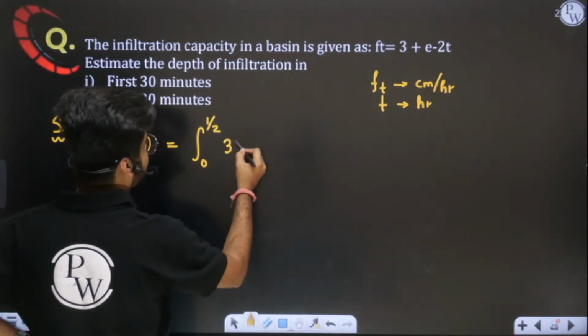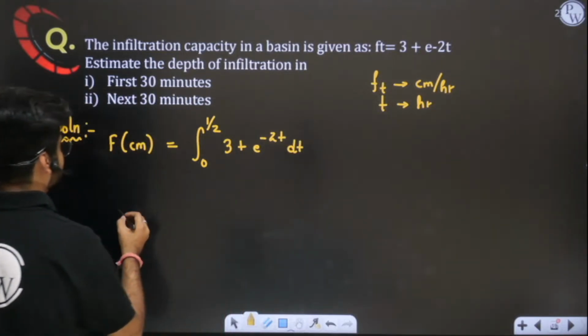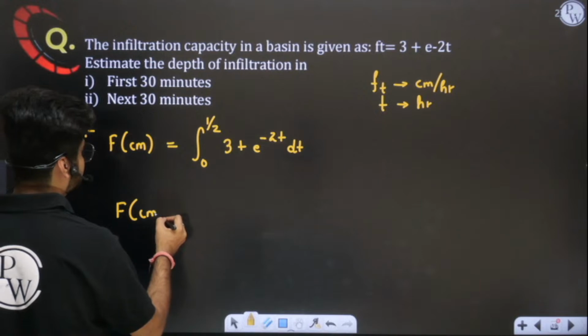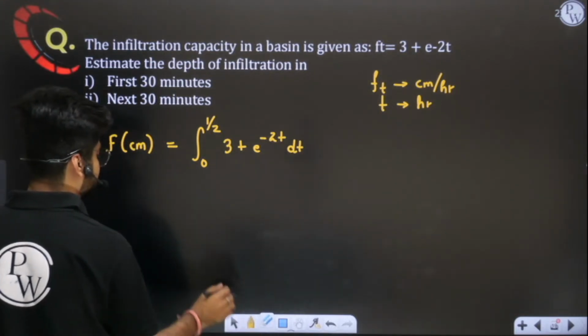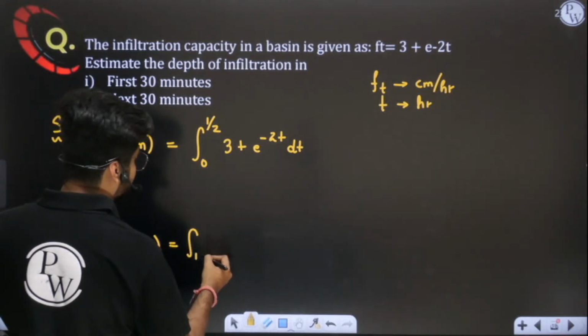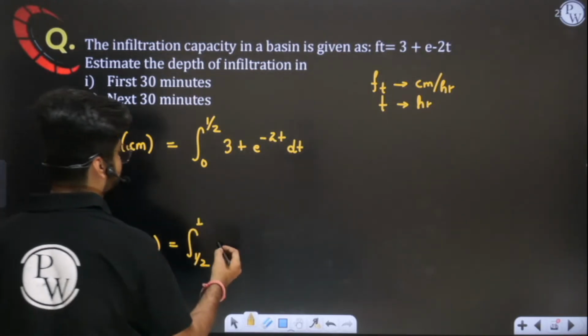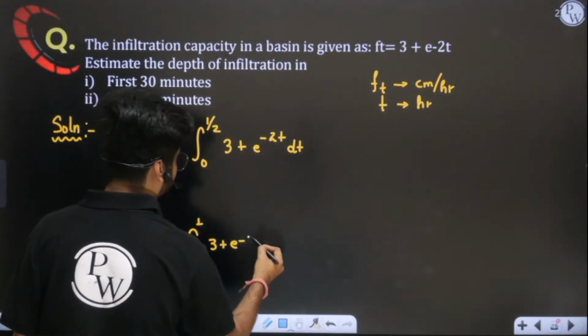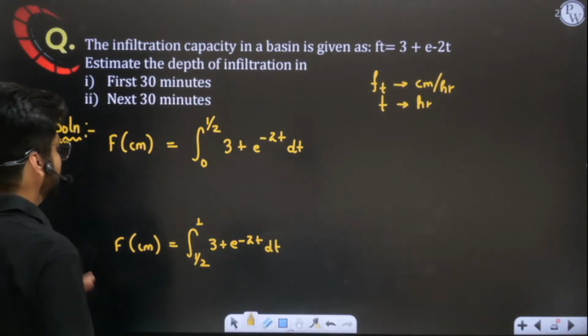You have to solve this equation first, and in the second case you have to solve from 30 minutes to 60 minutes. 30 minutes means half hour, 60 minutes means 1 hour. I hope now the thing is clear to you.